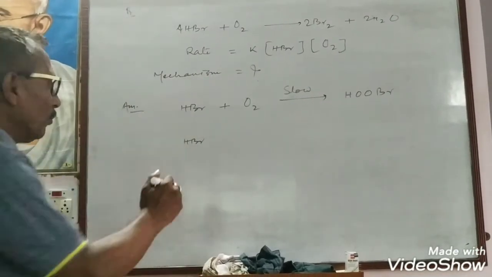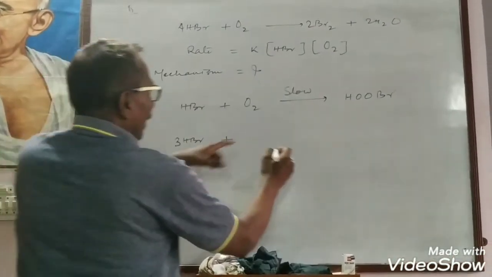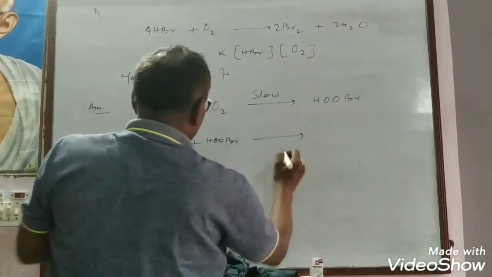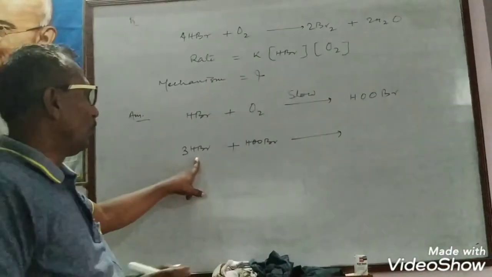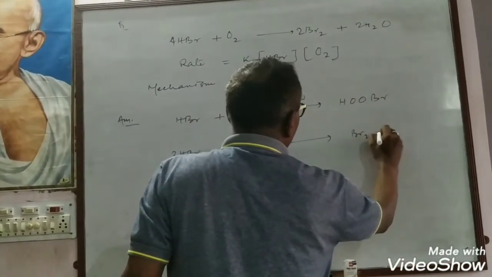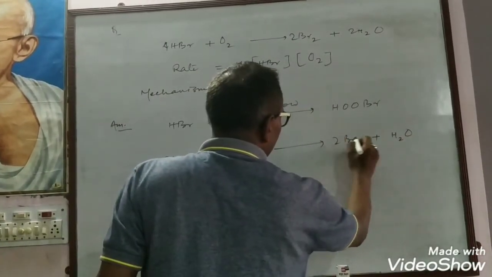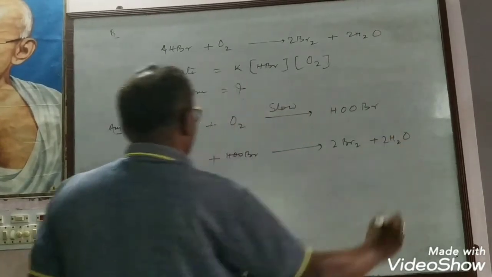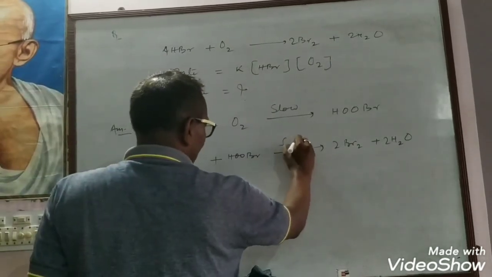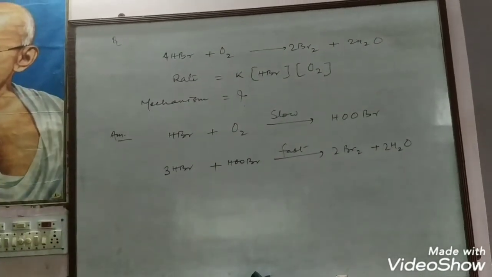Then remaining 3 moles will be taken in the second step, and this HOOBr is again used here with the reactant, and the final product will be Br2 plus H2O, and if it is to be balanced, then I think it is well balanced. So this is fast reaction and this one is slow reaction. So this is mechanism of the given reaction.